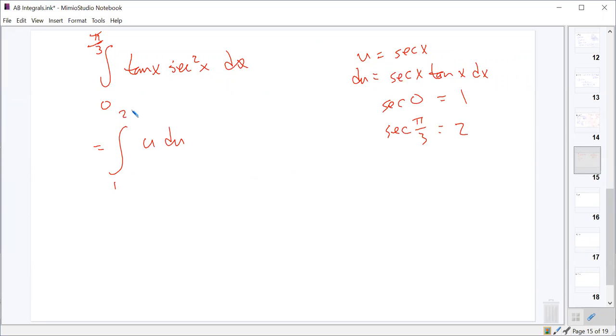So we have 1 to 2, which gives us u squared over 2 from 1 to 2. 2 squared is 4 over 2 is 2, minus 1 squared over 2, which is 1/2, which gives us 3/2. Still comes out to be 3/2. Everybody good with that?